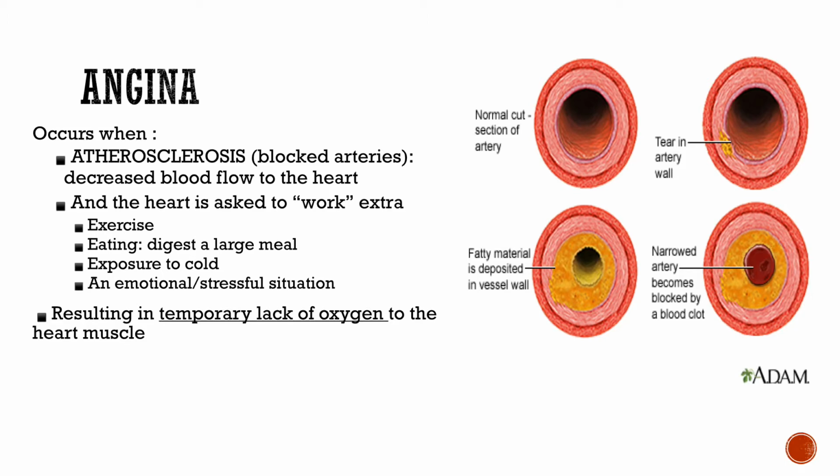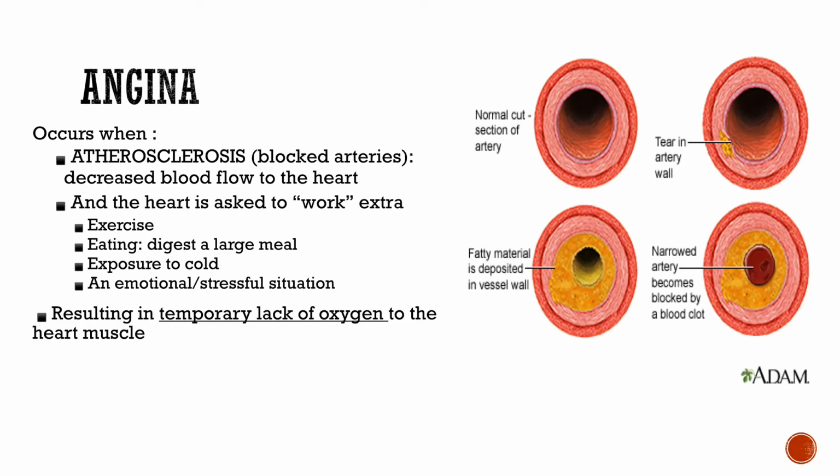Once they narrow down, they decrease the amount of blood flow and therefore oxygen that reaches the heart muscle. So when we couple the increased demand of the heart to perform activities with the decreased availability of oxygen, we result in having heart pain.